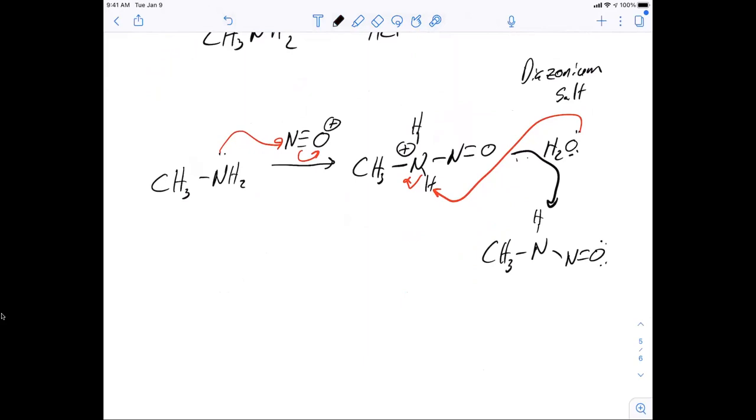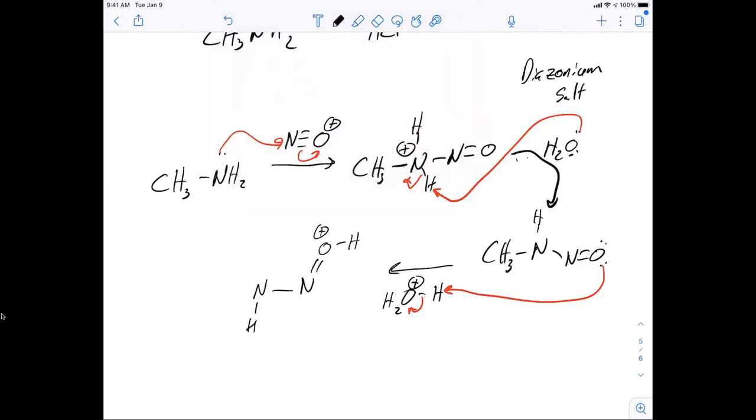Then we get another proton transfer. End up with this compound.